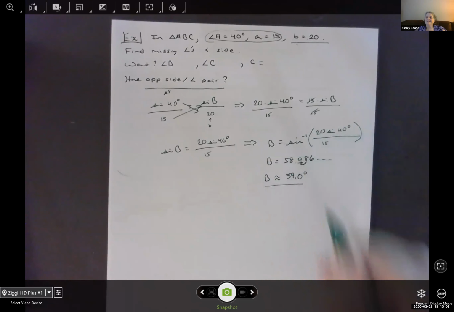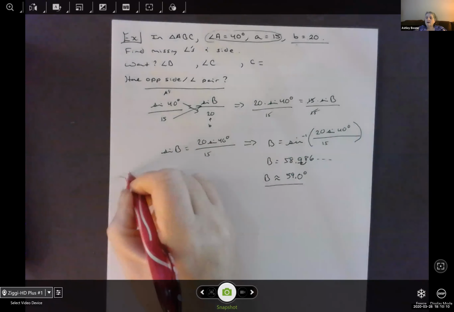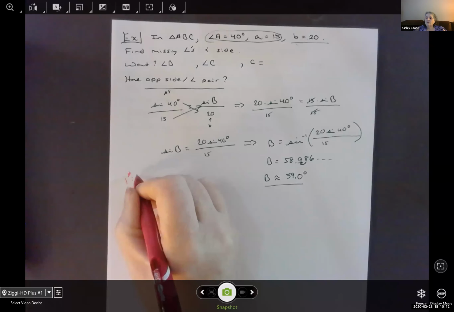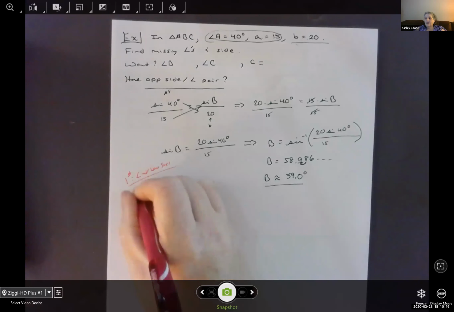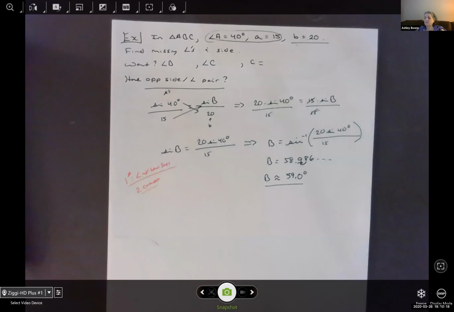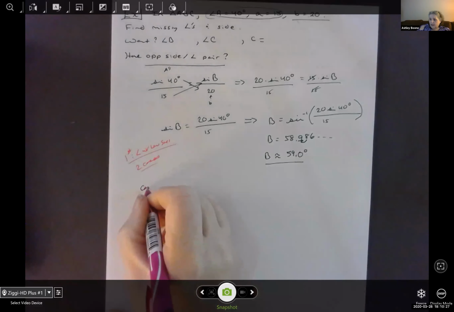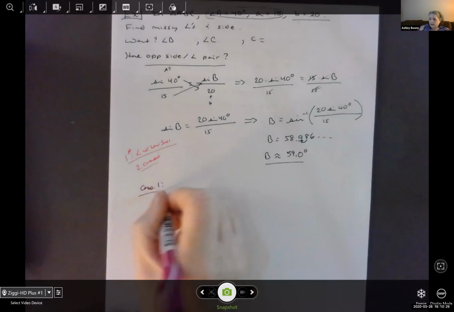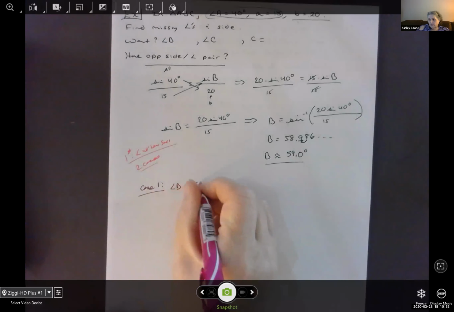But again, what did I do? So the first thing I did was find an angle with the law of sines. So I need two cases. This is the only time with these guys that we're going to do two cases, okay? So I'm going to look at case 1. Case 1 is the guy that we have right here. Angle B is approximately 59.0 degrees.